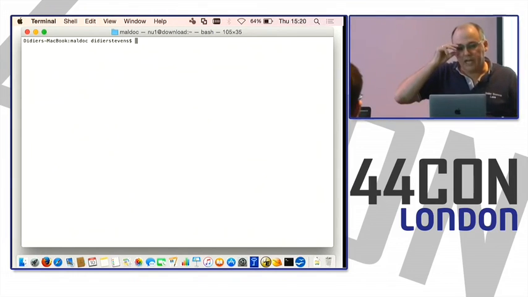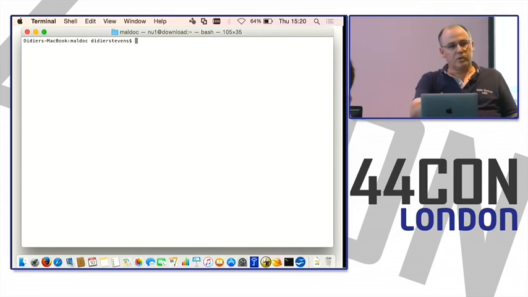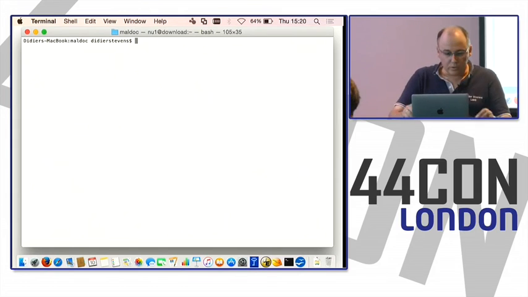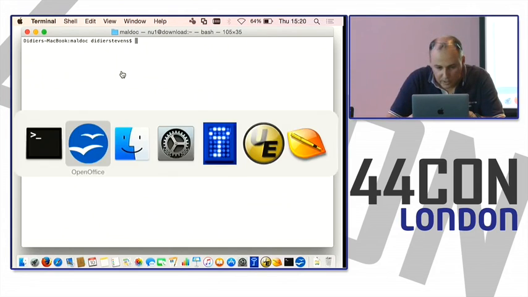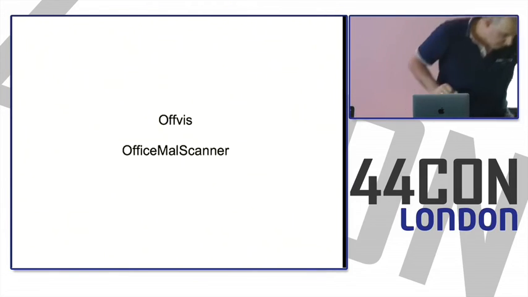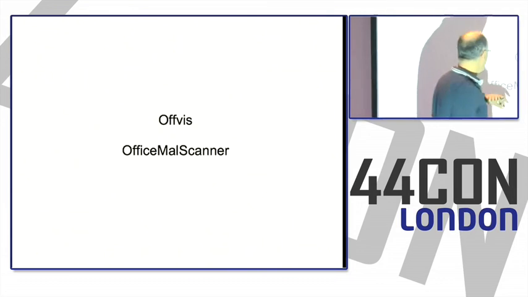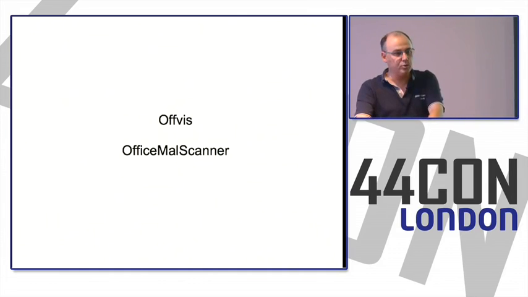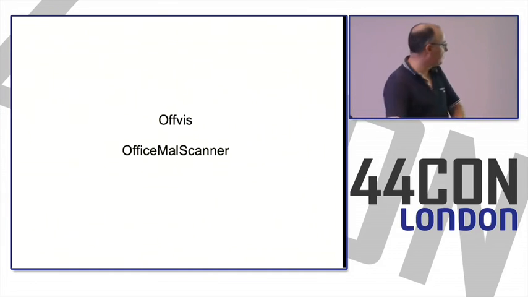I have added YARA support to oledump, and I have worked on YARA rules to try to detect shellcode and other artifacts of executable code. So if I go back to my presentation here, Office Malscanner is able to extract all the macros and write them to disk, and then you analyze them.